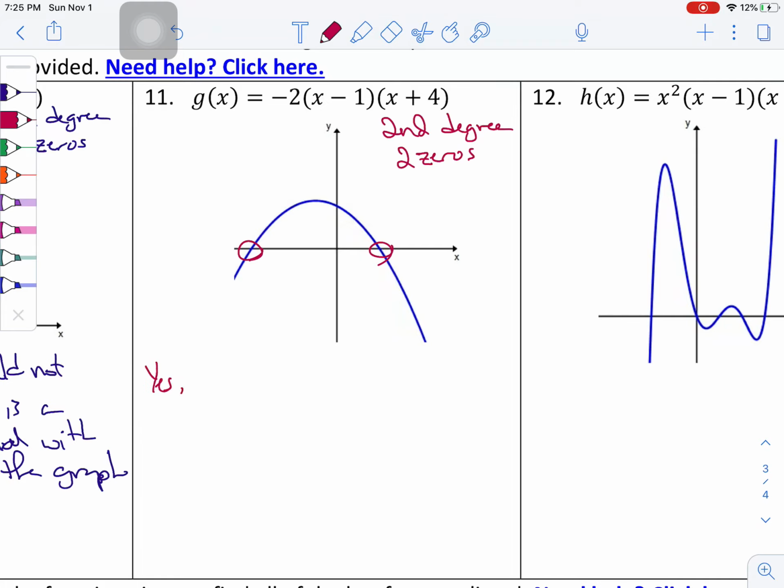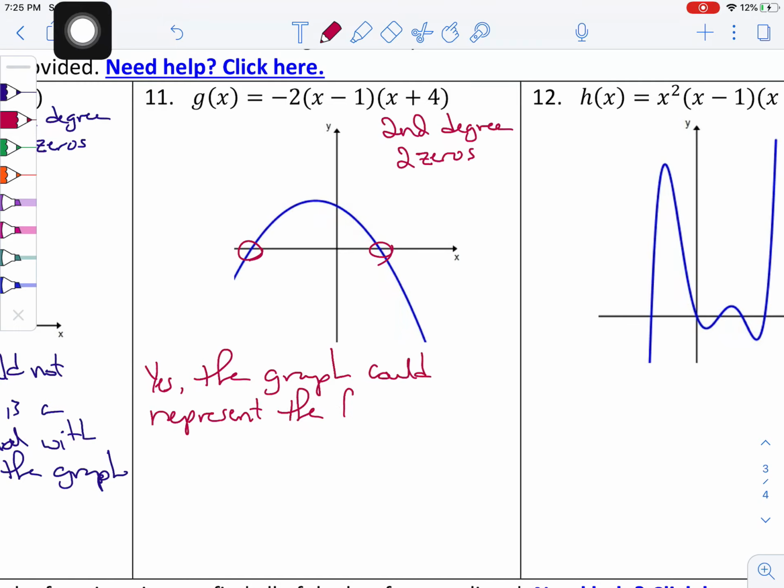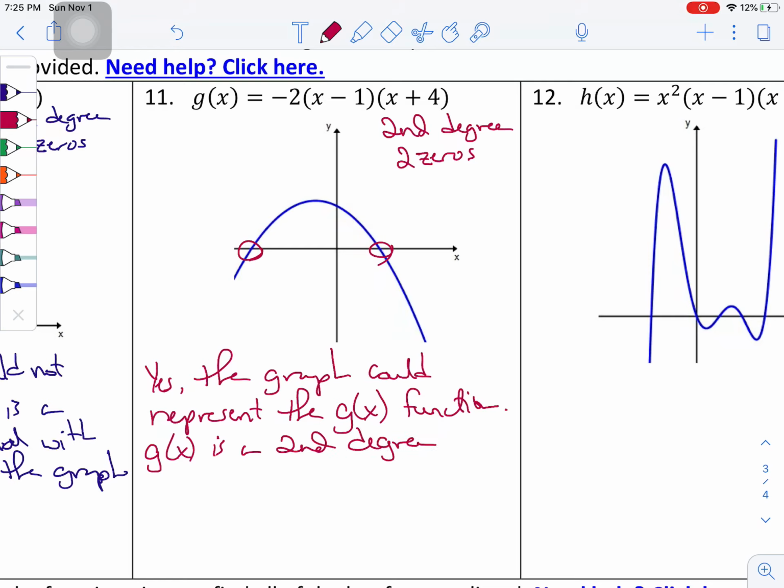So yes, the graph could represent the, whoops, let me name the right function here, the g of x function. Okay, so g of x is a second degree polynomial.